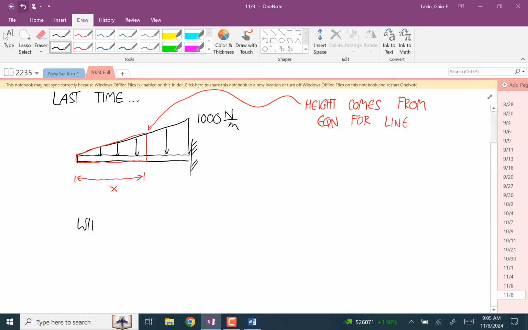Okay, so what if you saw this? There's no reason it has to be cantilevered on the right. I'm just going to do that to make the problem look similar for everything except the one change I want to make. So what if you have a cantilever connected on the right like this and a triangular distributed load like that?